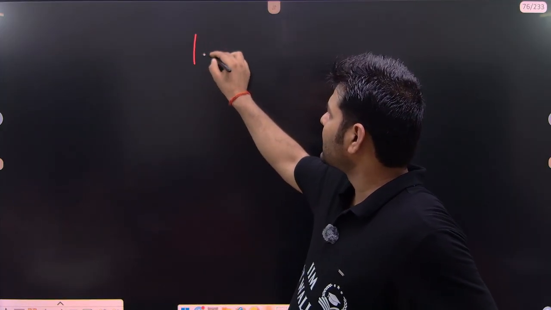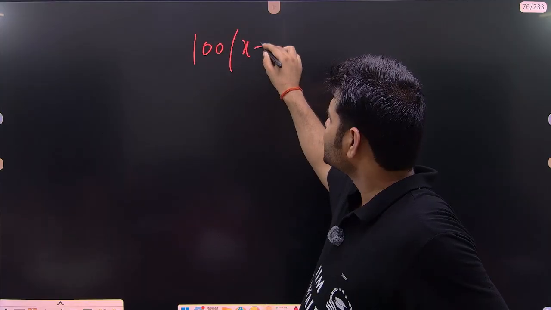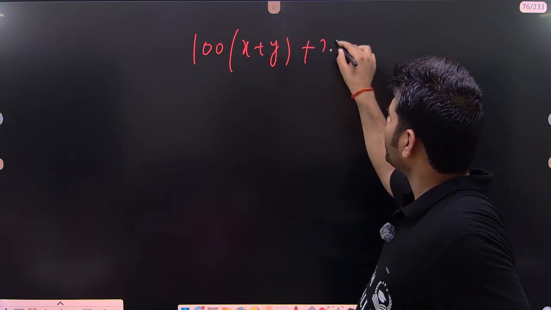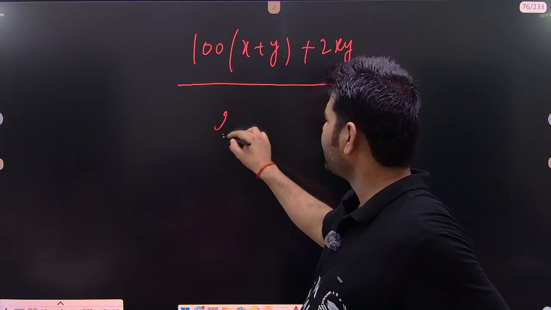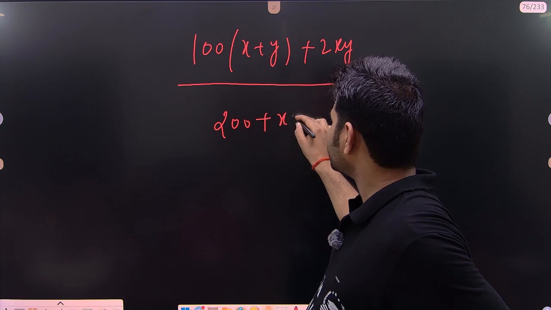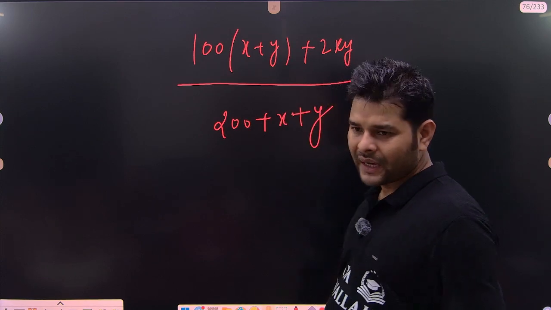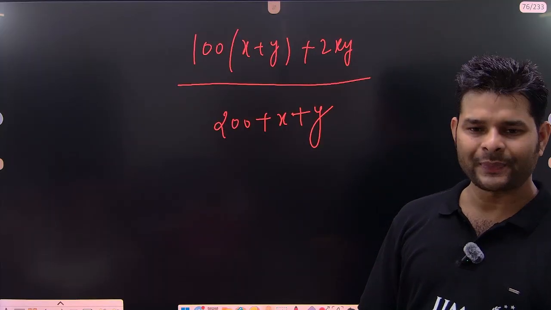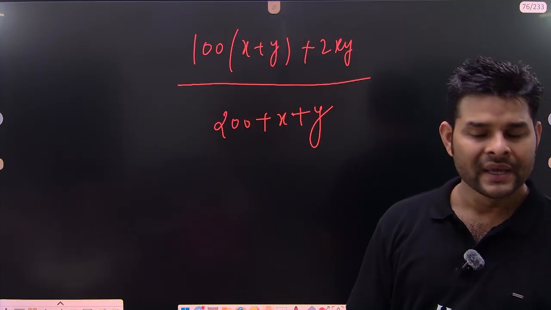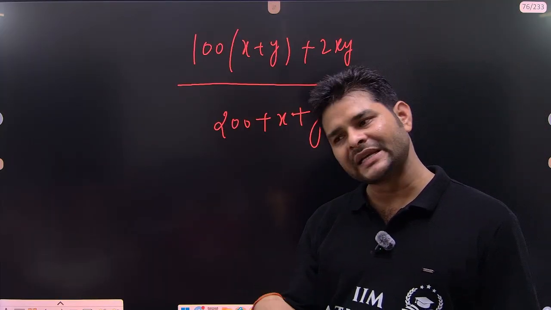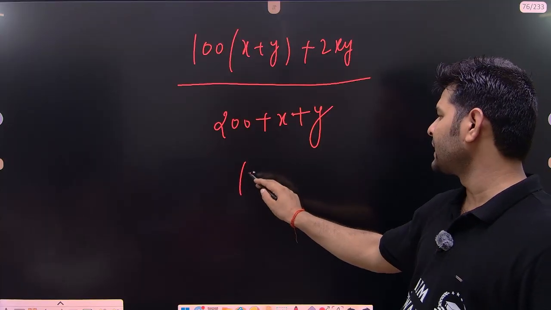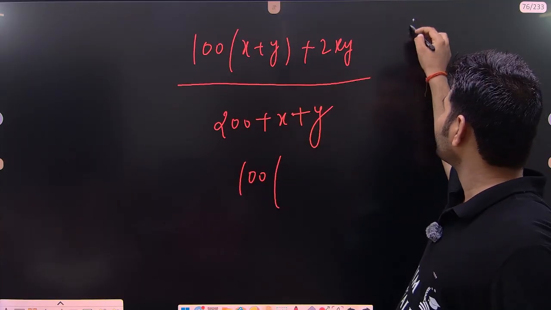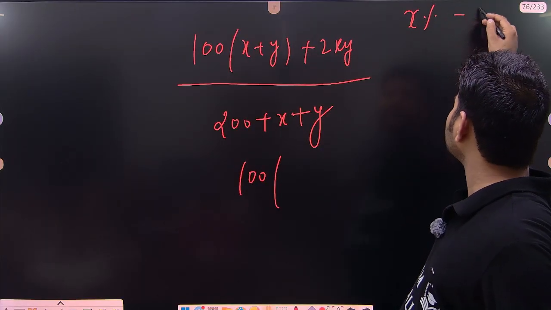That we have 100 x plus y, 2x plus y, and 200 plus x plus y. This formula is applied when we are given x% profit and y% loss. If suppose profit and loss percent is same, if you plug in that formula, you will get x% profit and x% loss.